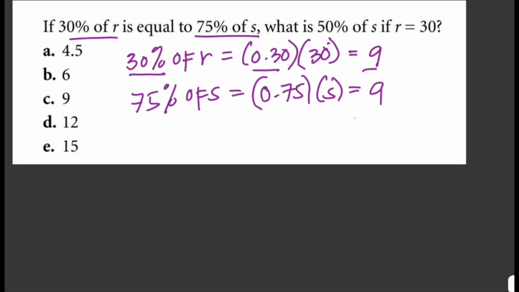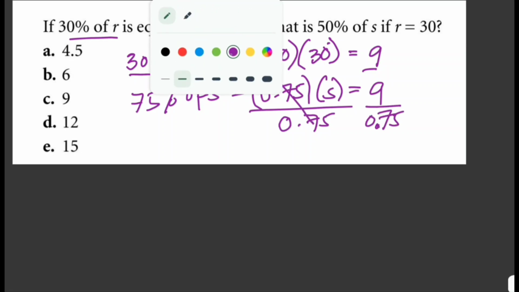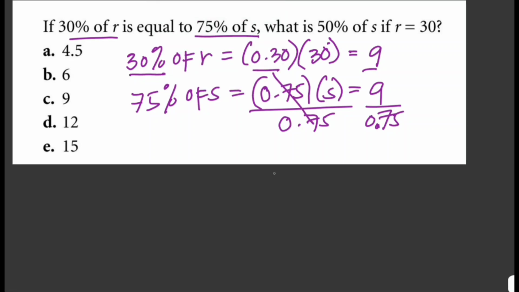And now we can solve for the value of S. We just have to divide both sides by 0.75. Then 0.75 here cancels out. Therefore, the value of S here is equal to 9 over 0.75, and that is equal to 12. So the value of S is equal to 12.